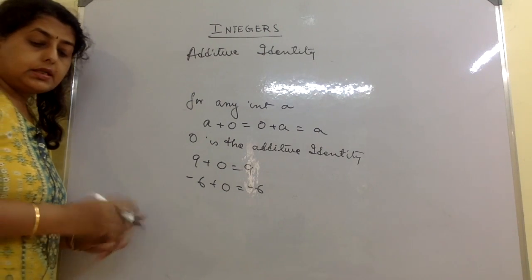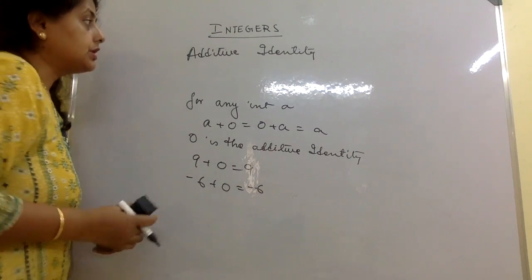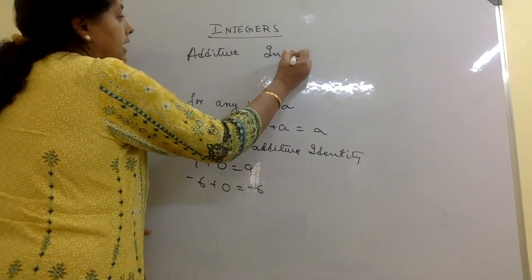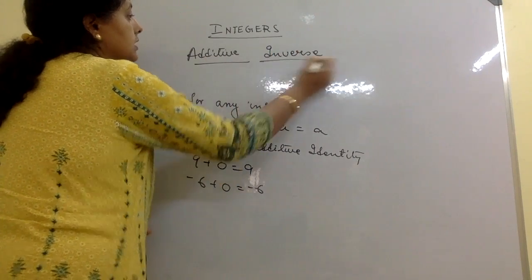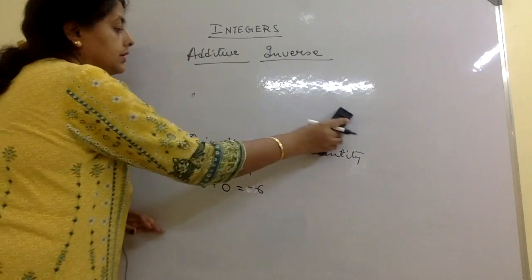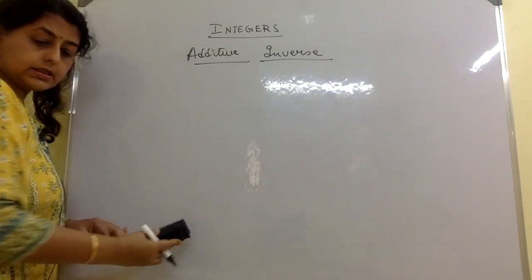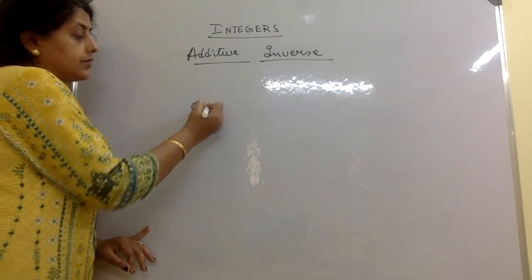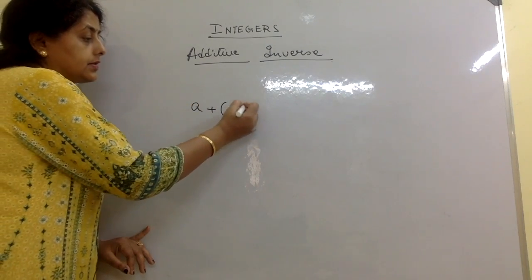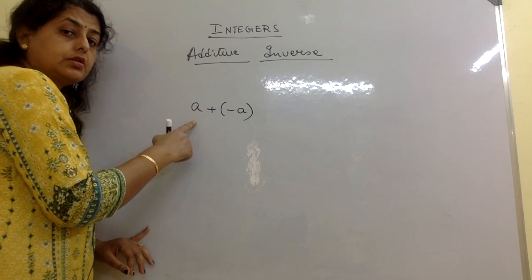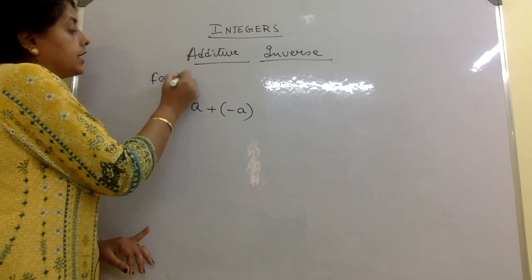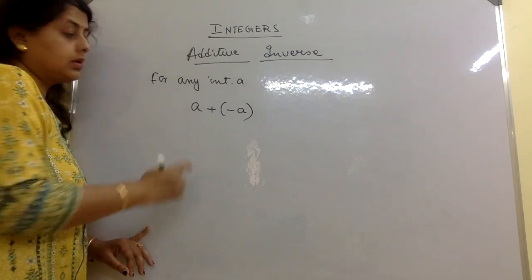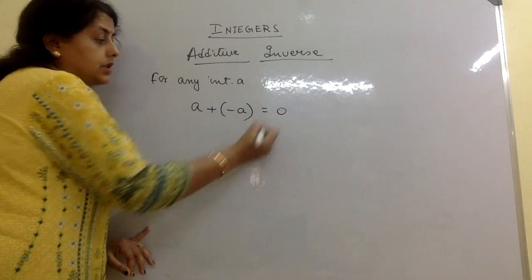Okay, now let's take up the next one, which is additive inverse. Okay, additive inverse. What is additive inverse? It's like this. If a is an integer, then for any integer a, a plus (minus a) is equal to 0.